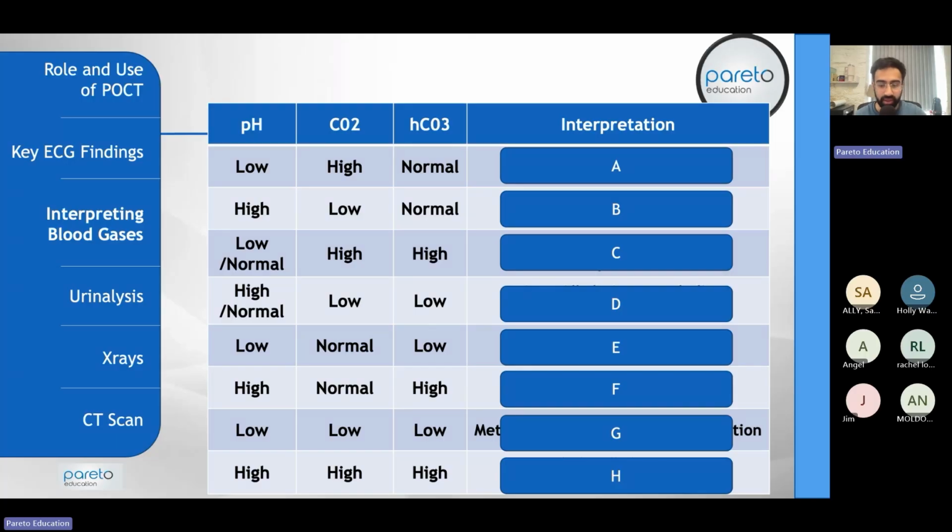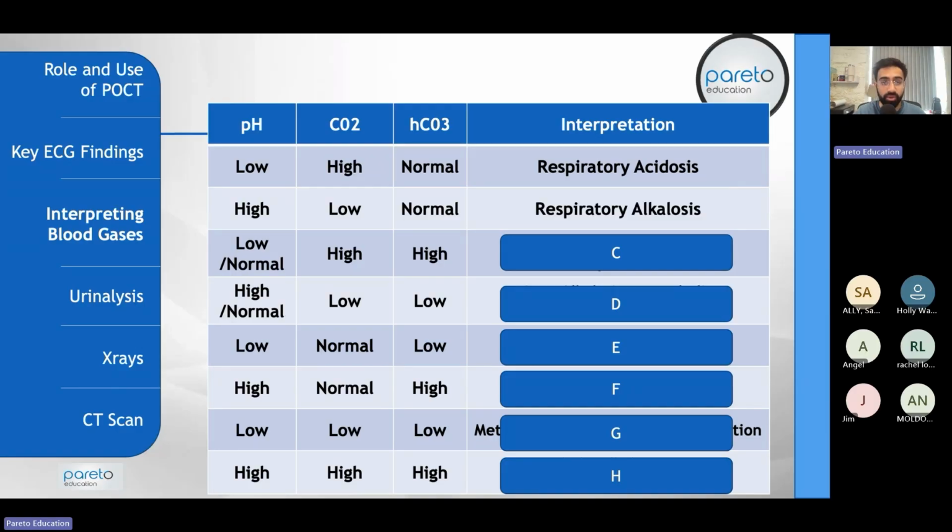That's correct. Whilst if you have a high pH, and you have a low CO2, and you have a normal bicarb, on the opposite side, what would this be? This would be respiratory alkalosis.